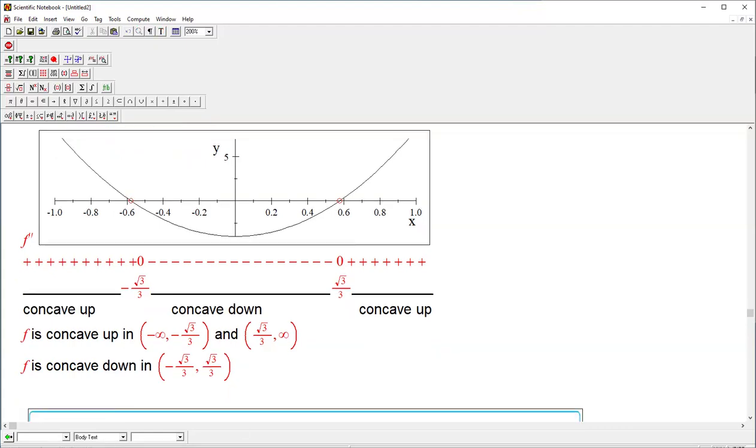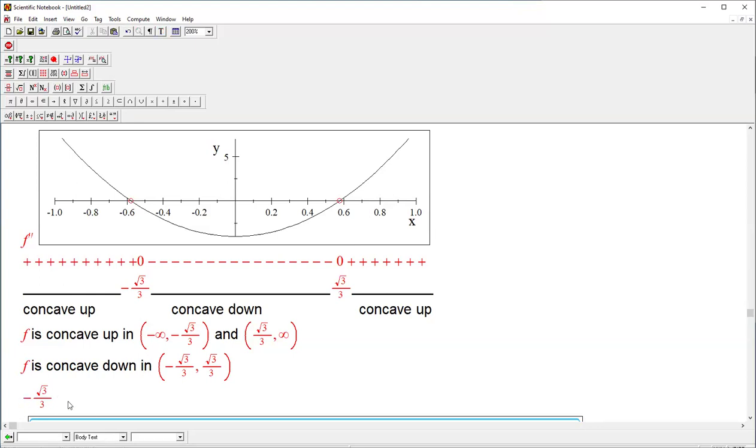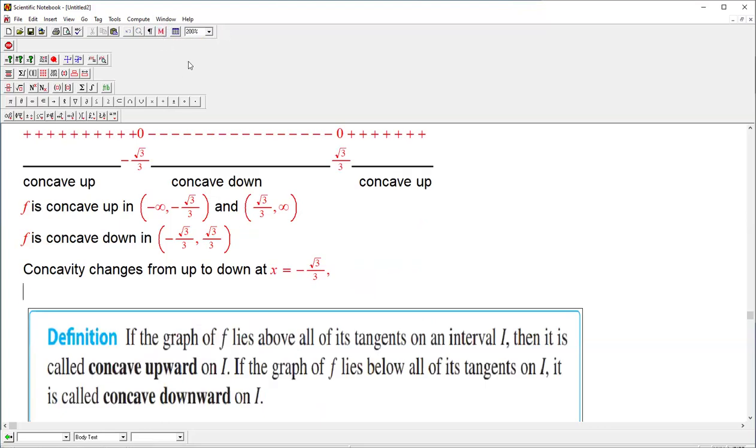And at this point, at x equals this number, we can say concavity changes from up to down at this point, right? And then you just have to find the F value, the output.